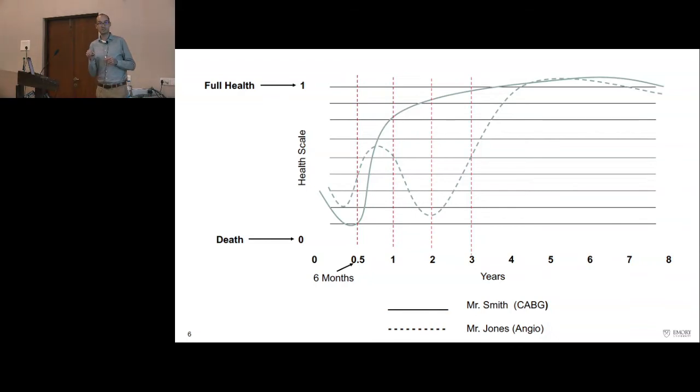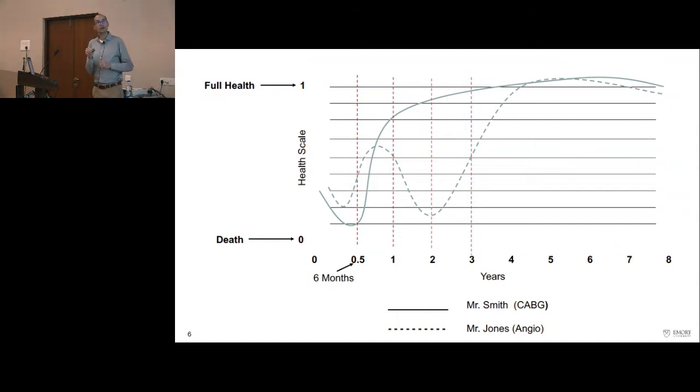While for Mr. Smith, CABG is a much more substantial surgery than just angio. So his quality of life will be less in the first weeks after the intervention, actually less than that of Mr. Jones.